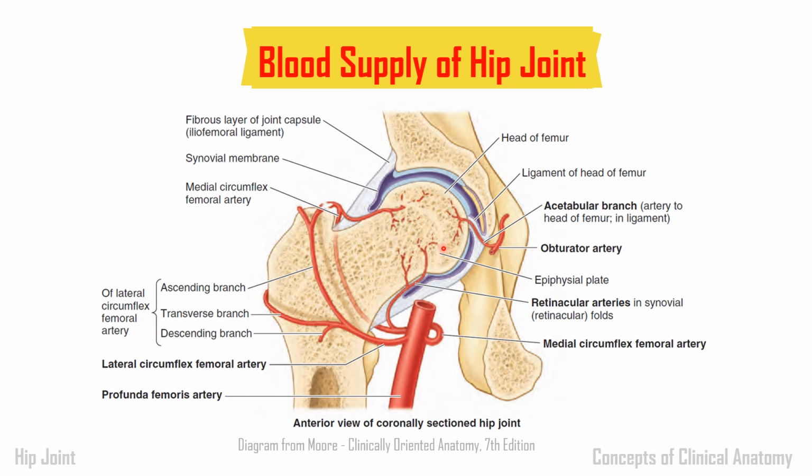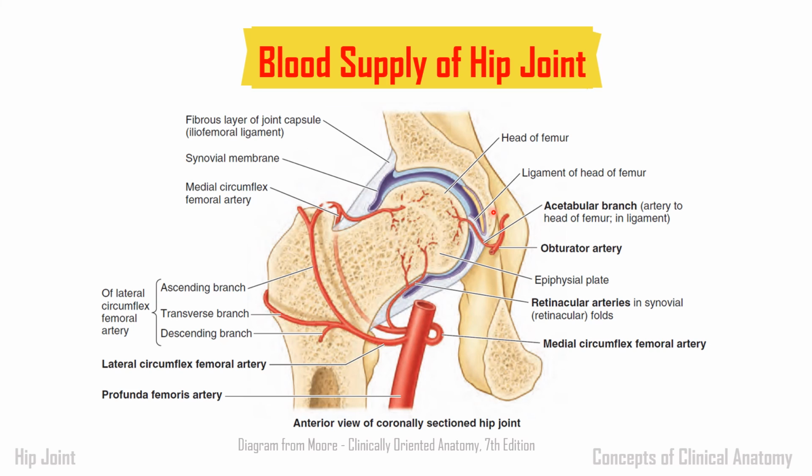A very limited region of the head of the femur is supplied by the acetabular branch, which is a branch of the obturator artery, in turn a branch of the internal iliac artery. This acetabular branch passes into the ligament of the head of the femur and supplies the tip of the head of the femur, and arteries like the superior gluteal and inferior gluteal supplement the blood supply to the hip joint.